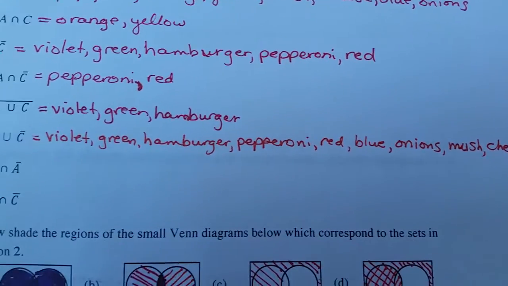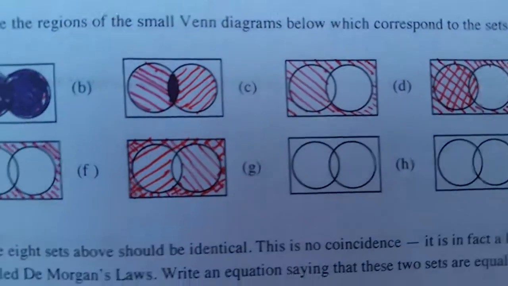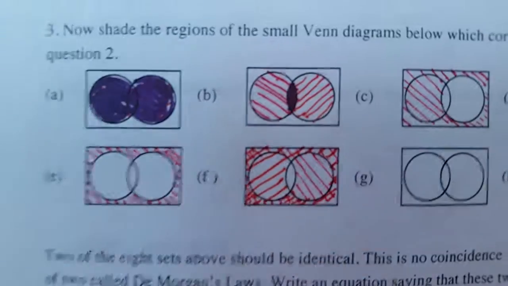So that is a big group. It is a big set because it's everything except that little bit that's missing in the middle.